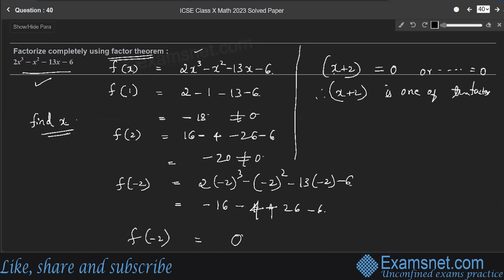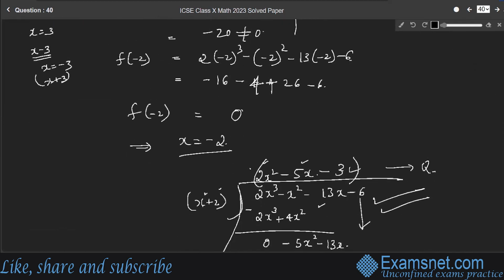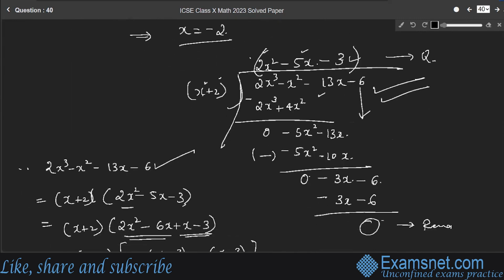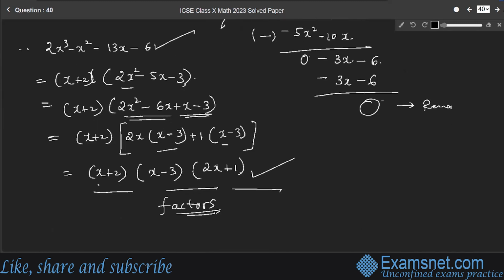If x is 3, then x minus 3 is the factor. If x is minus 3, then x plus 3 is the factor. Here x is minus 2, therefore x plus 2 is the factor. Now go for the division method, so you will get another factor. Then express it in turn as more than two factors so that the powers are the same.